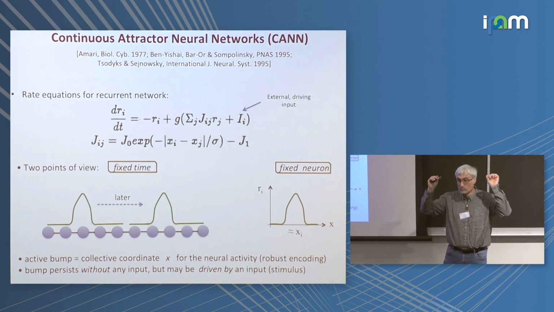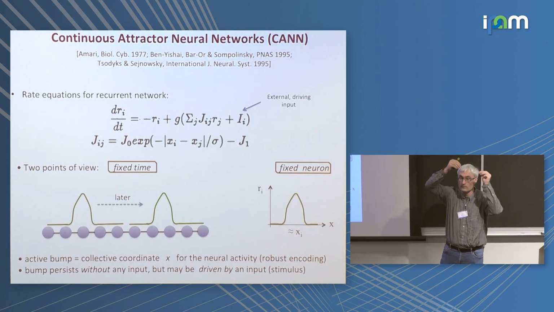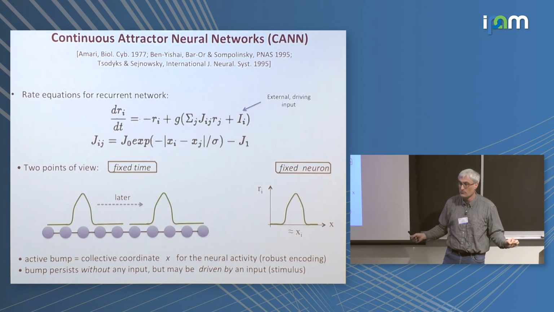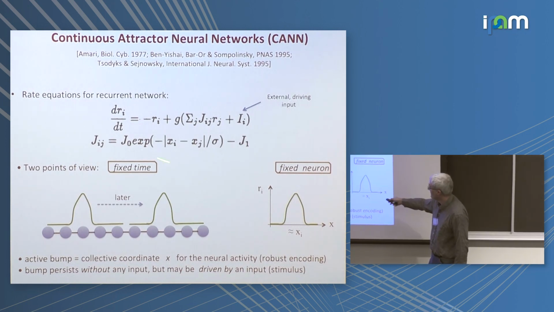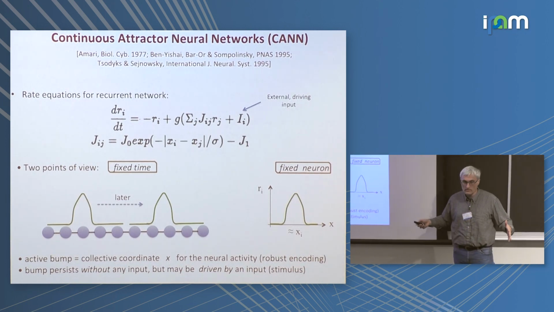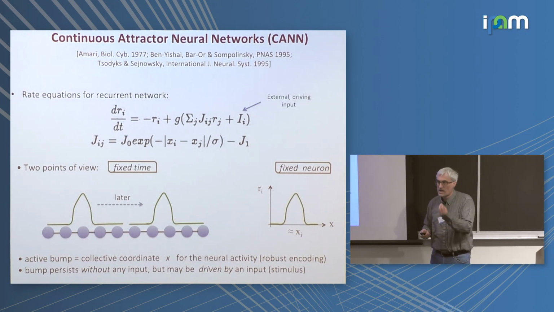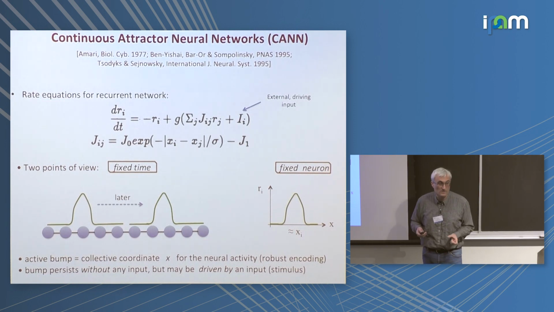By distance between the neurons, I'm not talking about the distance in the physical space where the neurons are in the hippocampus, but the distance between the positions they code for in physical space. Okay? And then it's negative at longer distances, so you get excitation at short distances, inhibition at long ones. What you will create is a bump of activity in which the neurons which are active together are coding for positions which are close to each other in physical space.